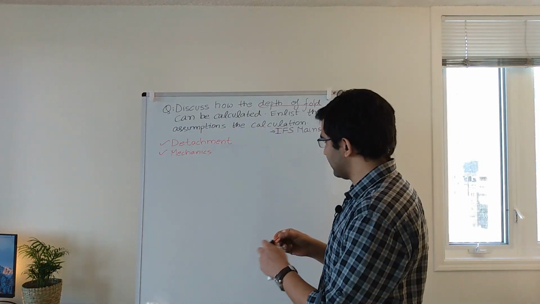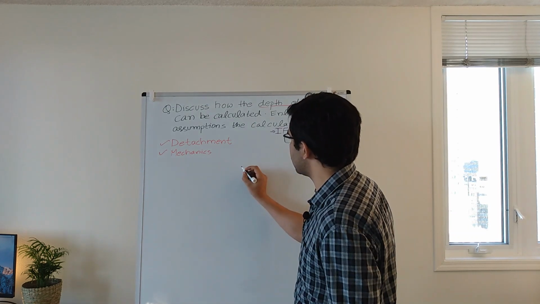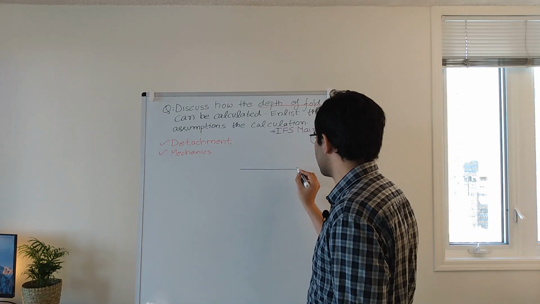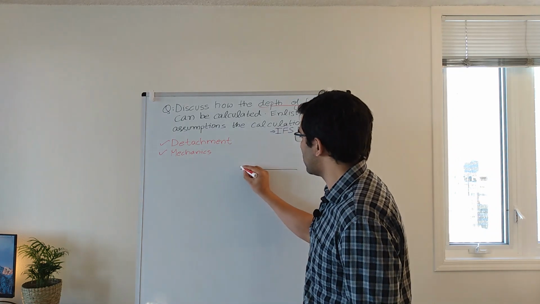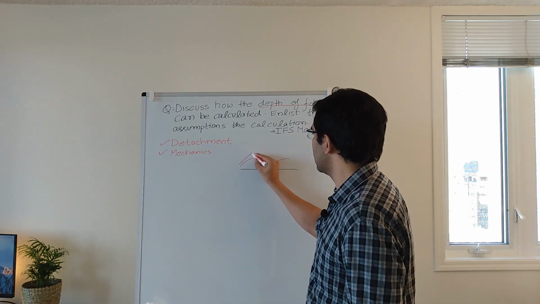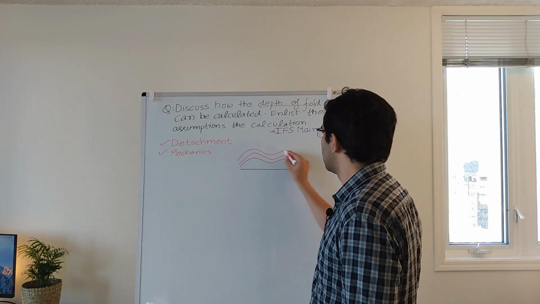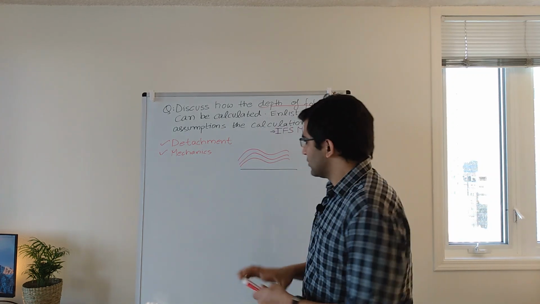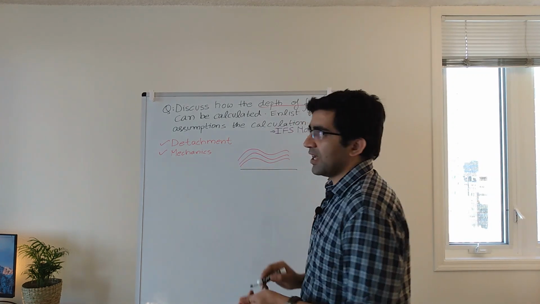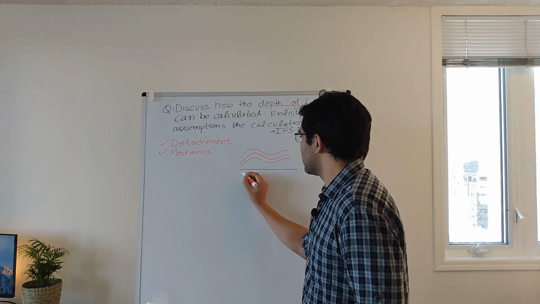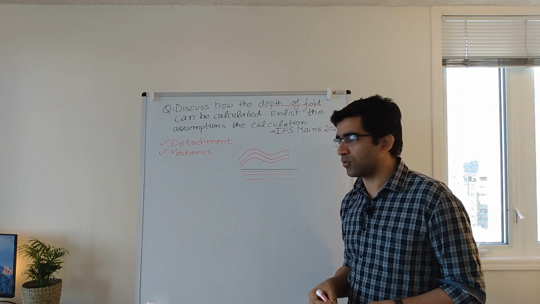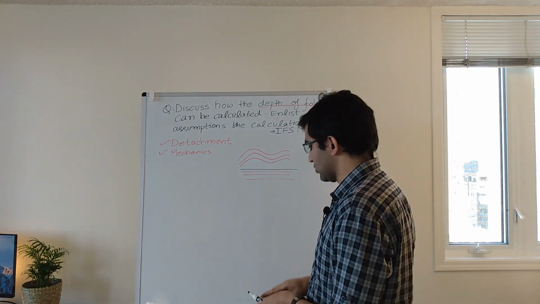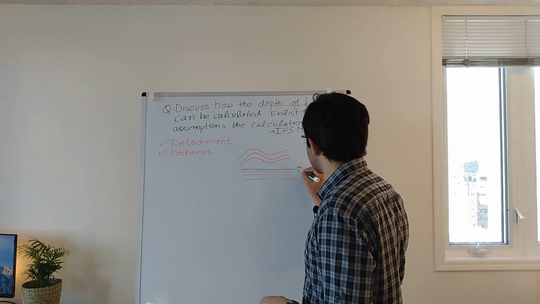If you have a folded sedimentary sequence, usually it's present in case of sedimentary rocks, and this is my detachment, the rock layers on top of this detachment will be folded, whereas the rocks below this detachment will not be folded. So this is what we mean by detachment.